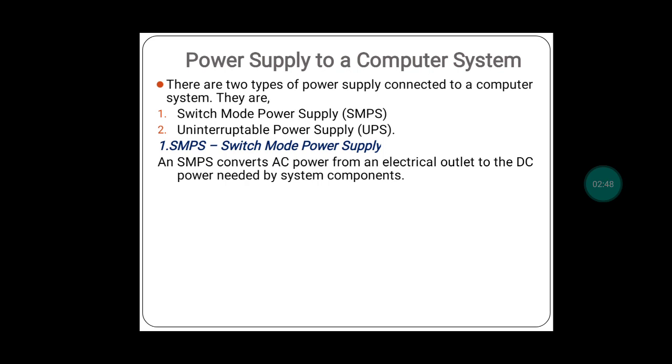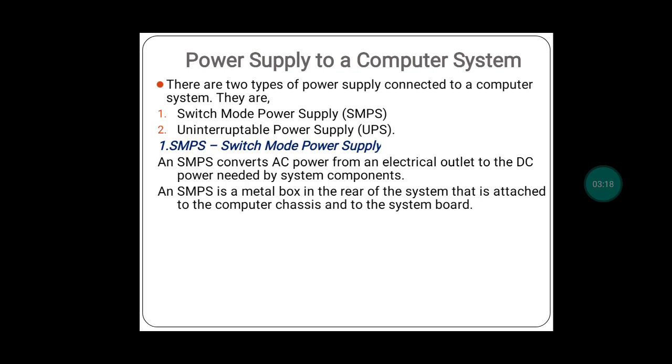So I have to convert that AC 230 volts to DC at the level required for our computer system. Who will do that conversion? That will be done by the switch mode power supply, which converts AC power from an electrical outlet to the DC power needed by the system components.